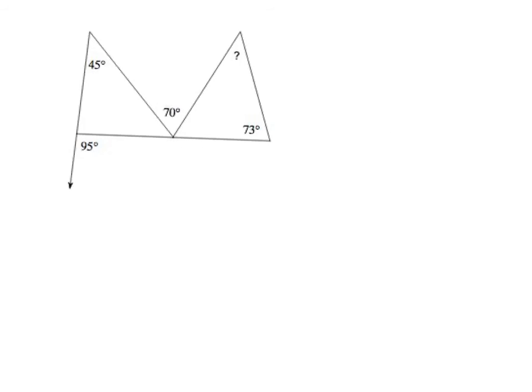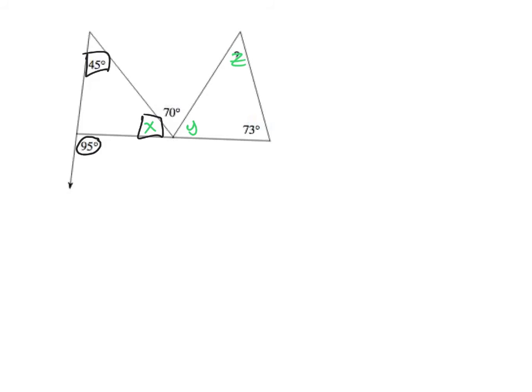In this problem, we have to find several angles, so I'm going to label them with variables: angle x, angle y, and angle z. To find angle x, we have an exterior angle and two remote interior angles.